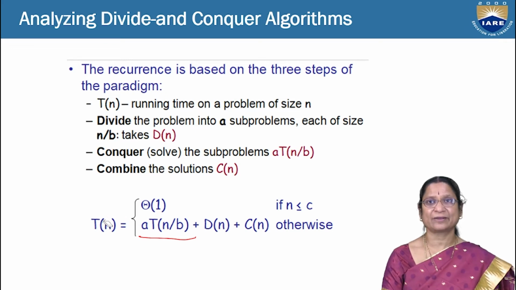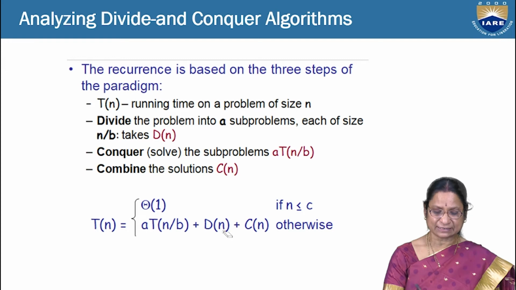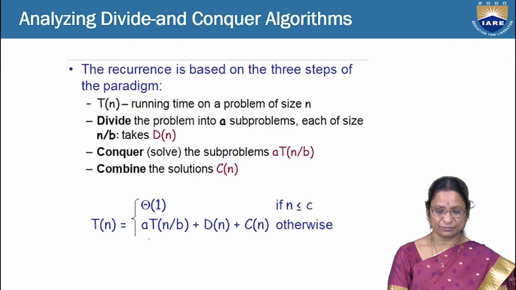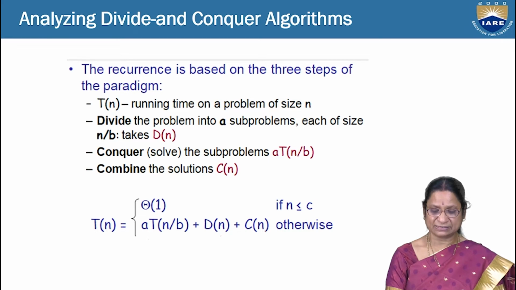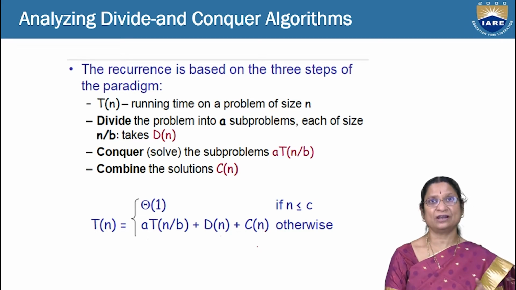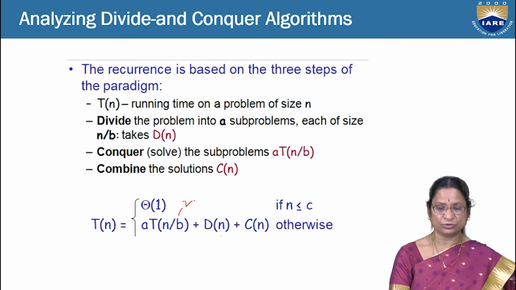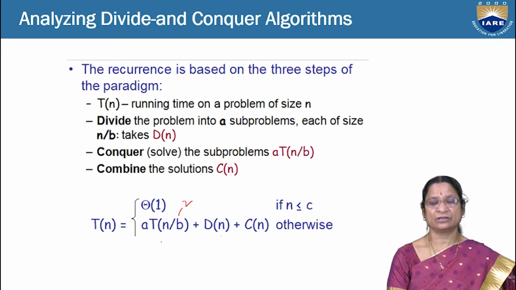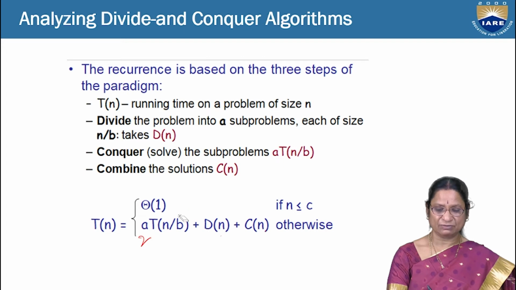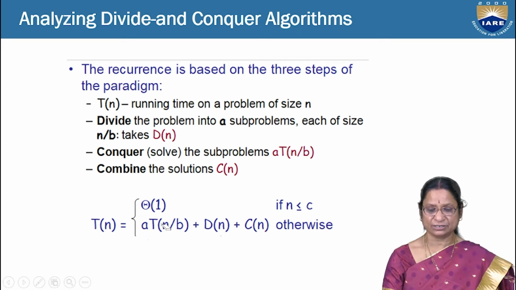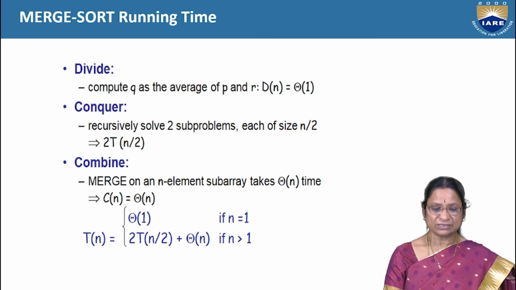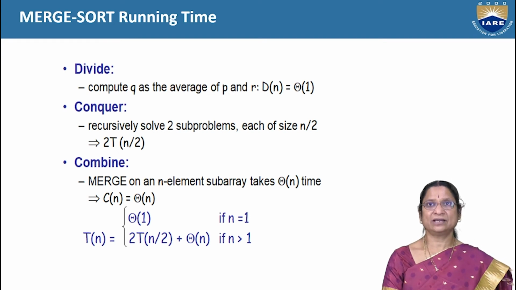By using this, merge sorting is a T of n by b plus the division complexity plus the combining complexity. This is the generalized divide and conquer recurrence relation. In our example, the b value is 2, since we divide into 2 sublists. Our a is also 2. So a and b are both 2 in our merging process, and dividing takes constant time.